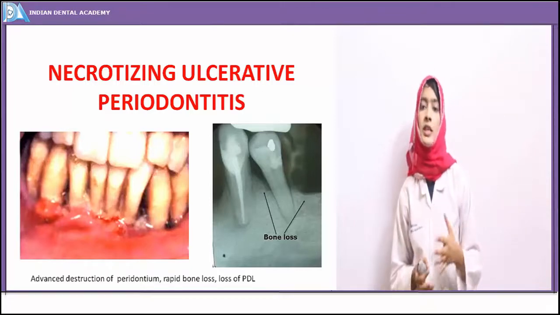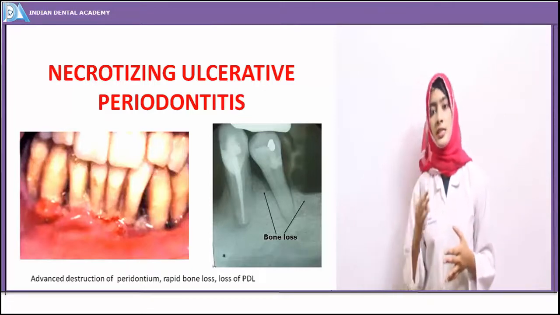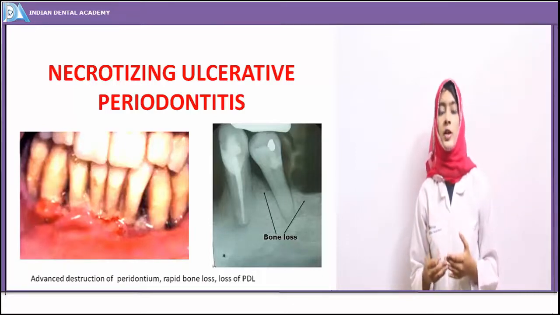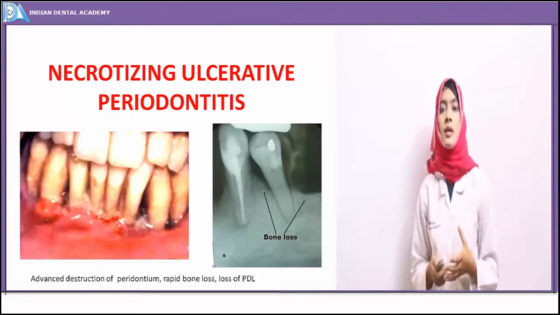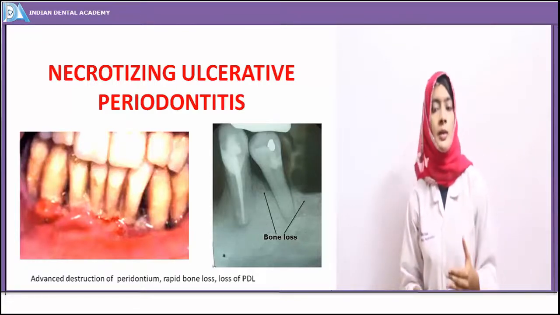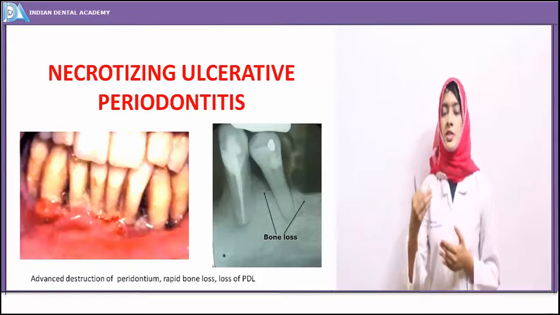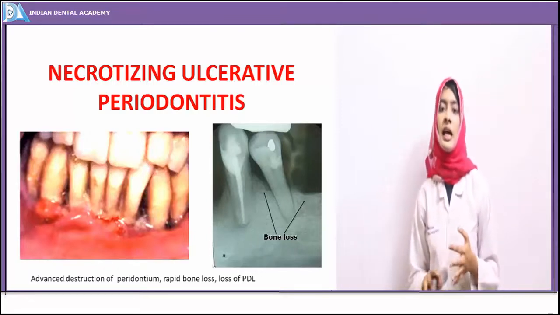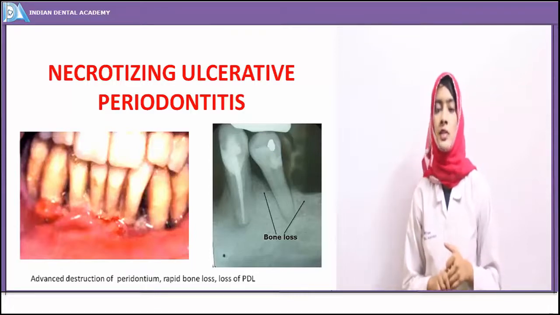Then the other periodontal lesions are the necrotizing ulcerative gingivitis, stomatitis, and the necrotizing ulcerative periodontitis. The periodontal lesions are most commonly seen in immunocompromised individuals. Normal periodontal lesions occur because of the presence of microorganisms like Fusobacterium, Prevotella intermedia, and Actinobacillus actinomycetemcomitans.